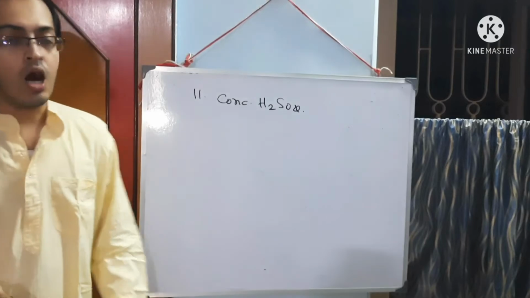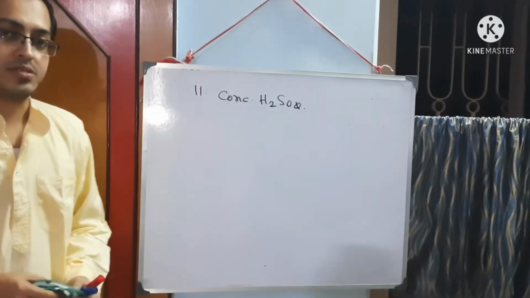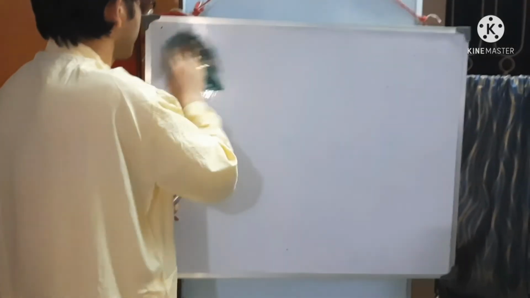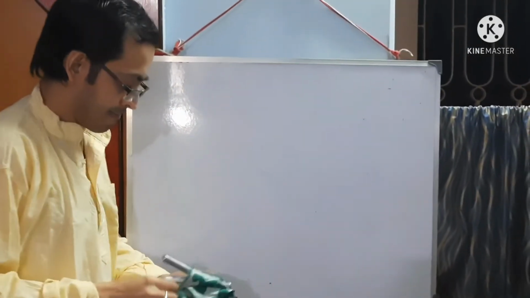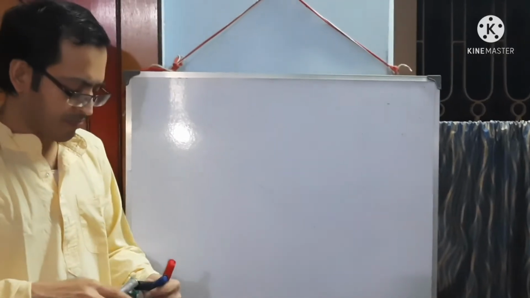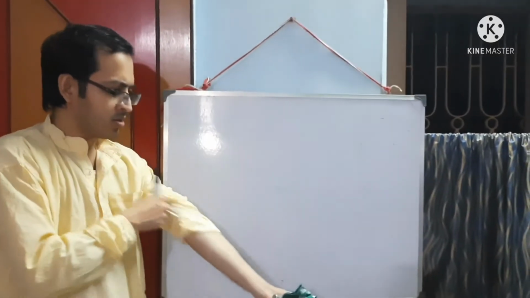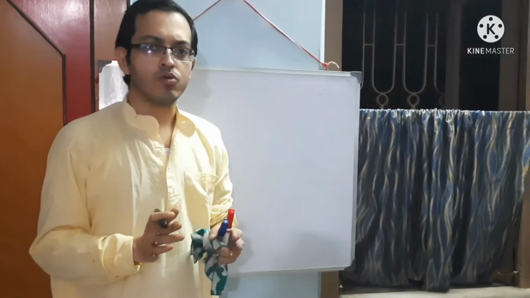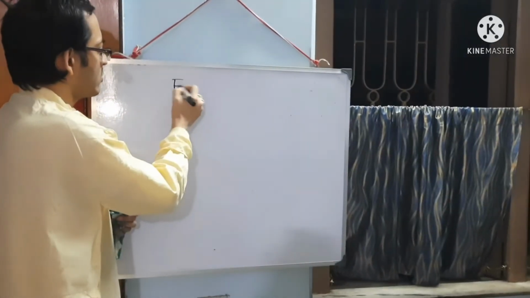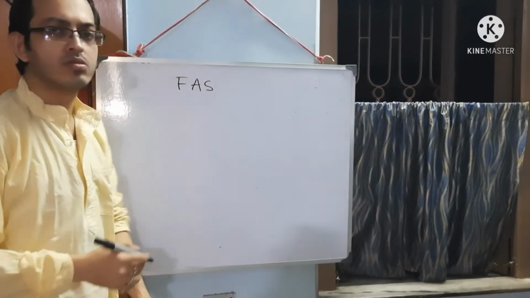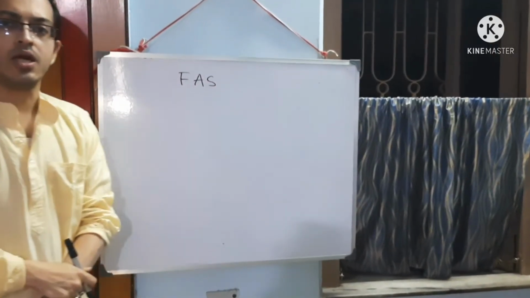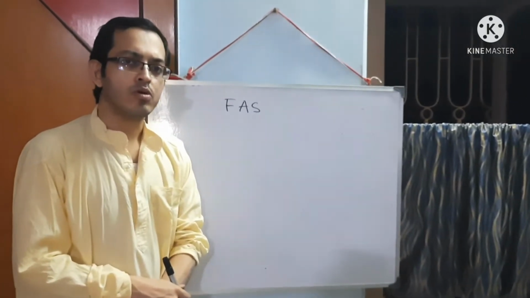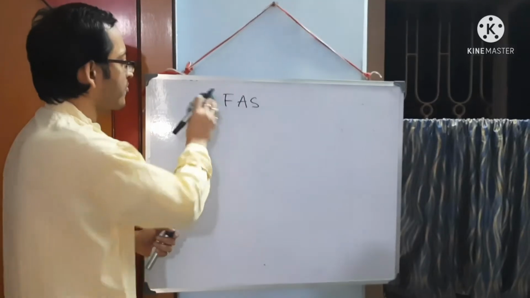So now, how can we estimate? First, you have to fill the burette with this solution. FAS means ferrous ammonium sulfate of 0.025 normality.